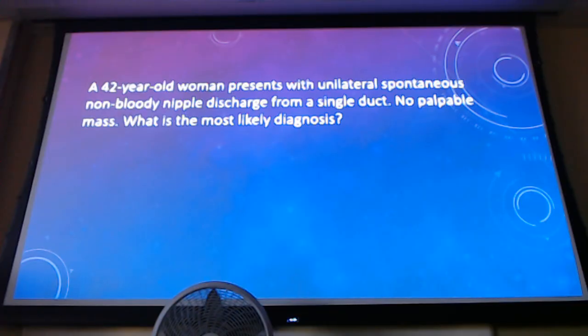You give up? Intraductal papilloma. Okay? Non-bloody. These are benign. What if it was bloody? Cancer. And what's the most likely diagnosis?